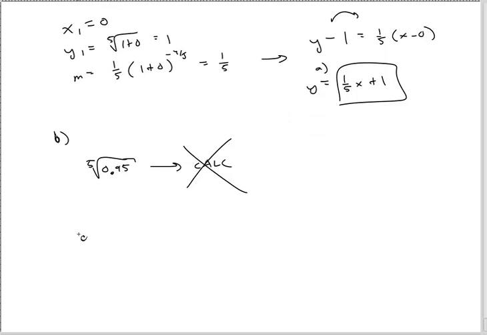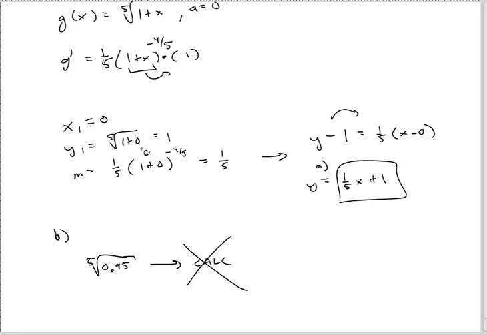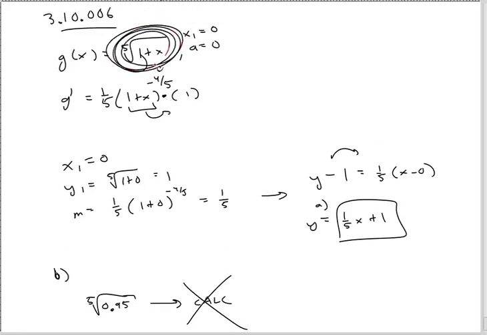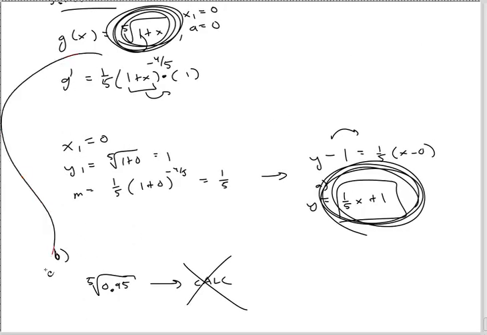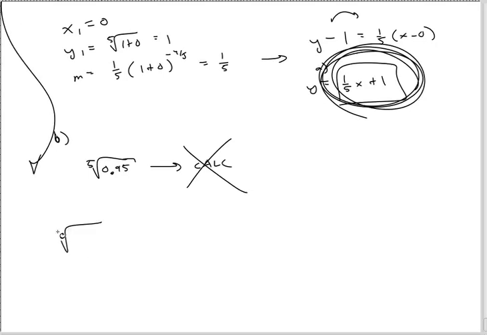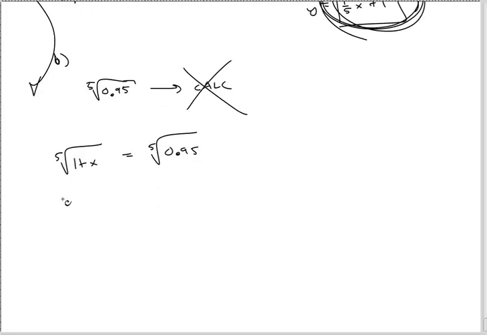Okay, so we need to use what we just found for this and this for this. Well, let's compare with my original. I got the 5th root of 1 plus x. Should somehow equal the 5th root of 0.95. What's going on here is that we're actually saying this is 1 minus 0.05. Do you see it?